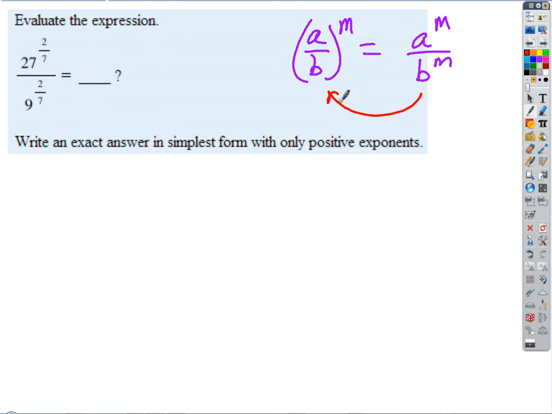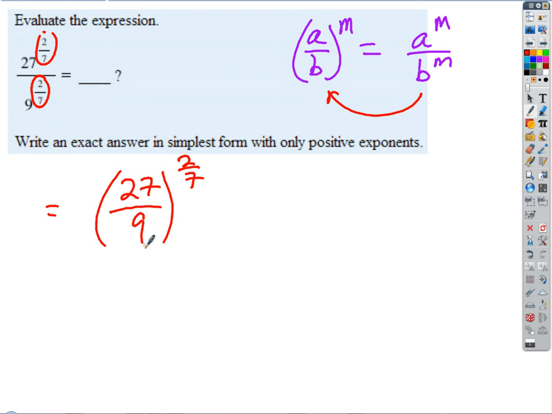So if I have the same exponent in both the top and the bottom, I could factor it out, right? Like I have here. I have the same exponent there and there, so why not write that as a quotient to the 2/7? Well, what goes on top? 27. 9 on the bottom, so I'm just undistributing the 2/7 power from both parts.